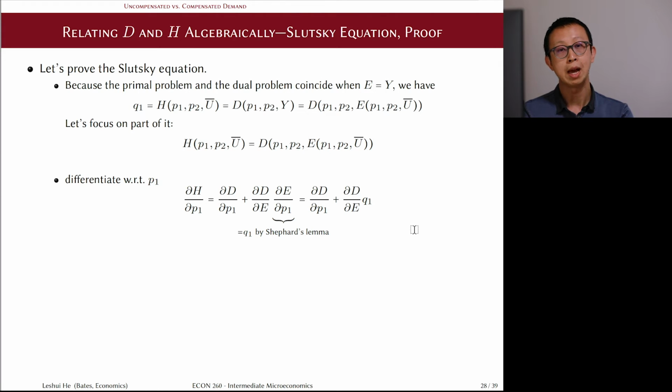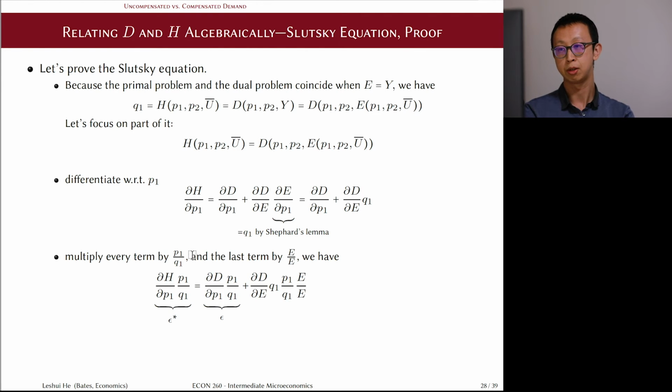So we have essentially dQ1/dP1 here, and dQ1/dP1 here, which appears on both sides of the equation. So now let's try and multiply the ratio of P1 over Q1 on both sides of the equation, and then we might be able to write these things into the form of elasticity.